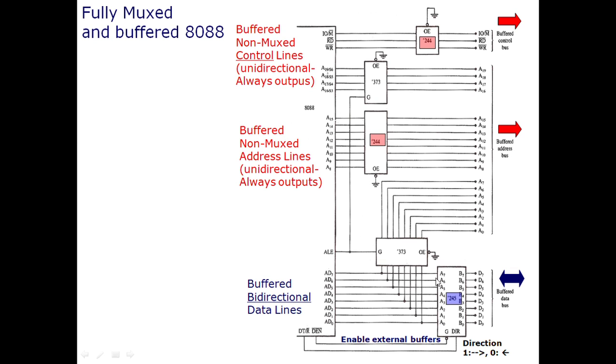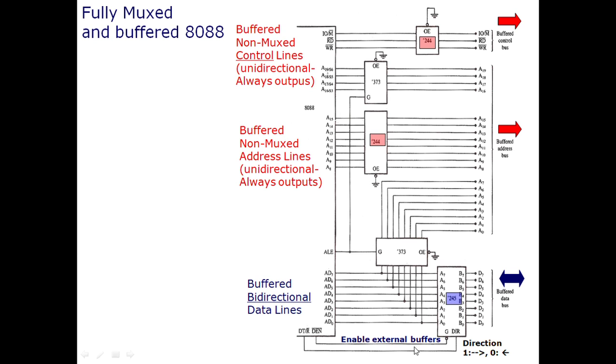But here we have the data, and as the data is bidirectional, sometimes the microprocessor needs to send data and sometimes it needs to receive data. So for this, a different kind of transceiver called the 74LS245 transceiver is used. This 245 transceiver is a bidirectional transceiver.